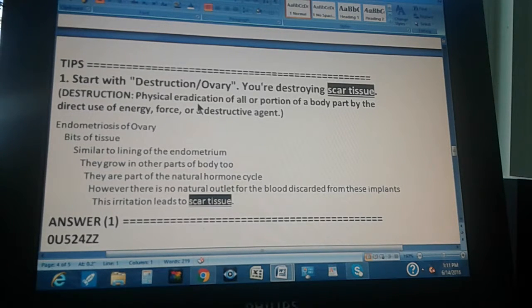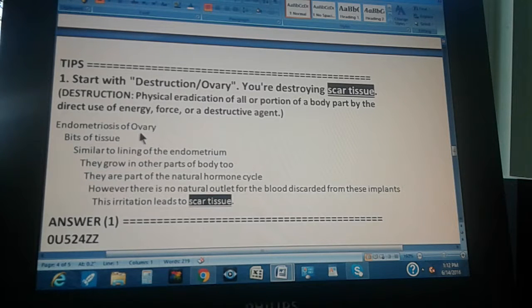Physical eradication of all or a portion of a body part by the direct use of energy, force, or destructive agent. Physical eradication means taking out. We take out all or a portion of a body part. In this case, the scar tissue is part of the body, and by the direct use of energy, force, or a destructive agent. That's why we have to go to destruction, because we're taking out part of the scar tissue.